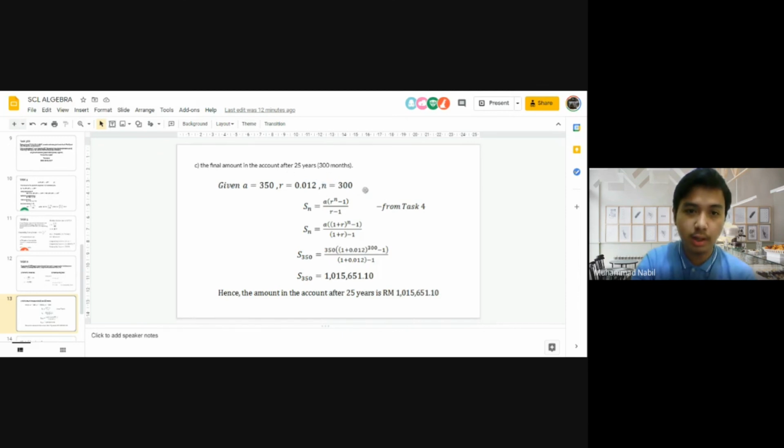So we use the accumulation formula from task 4, which is Sn equals A multiplied by (R^n minus 1) divided by (R minus 1). We just substitute the values into the equation and we get 1,015,651 ringgit and 10 cents. So the amount in the account after 25 years is that value. That's all from me. Thank you.